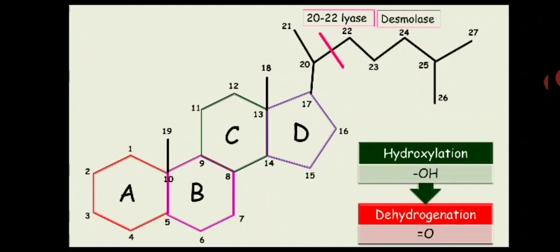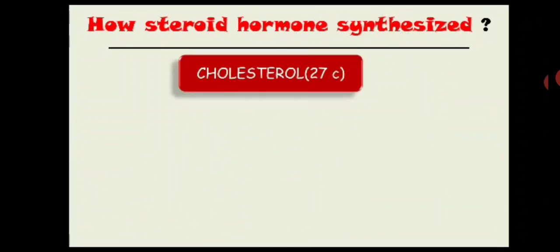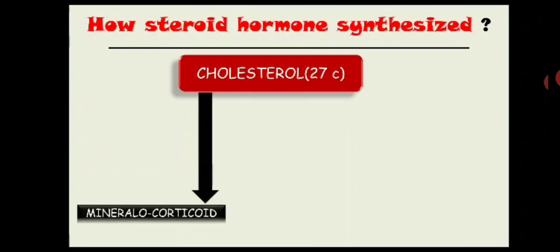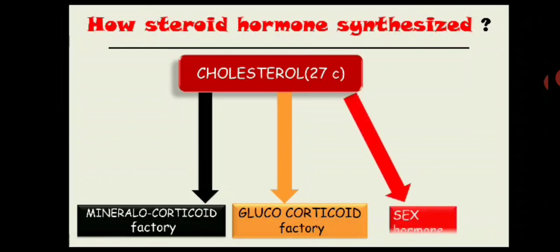Now let's see how the steroid hormone synthesis will take place. In broad terms, cholesterol is a 27 carbon molecule. From this 27 carbon cholesterol, we are going to make mineralocorticoid in the mineralocorticoid workstation, glucocorticoid in the glucocorticoid workstation, and eventually the sex hormone.